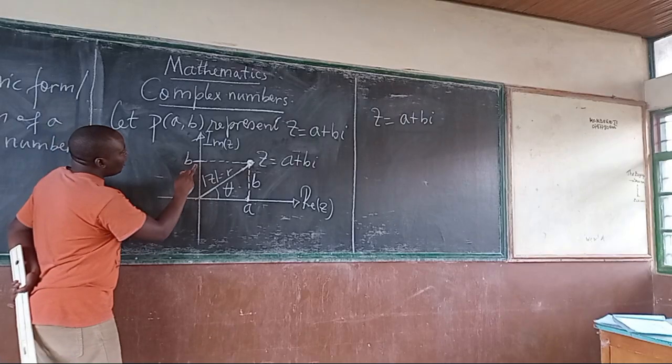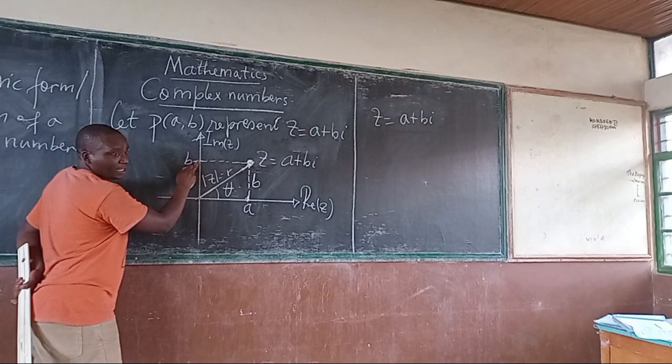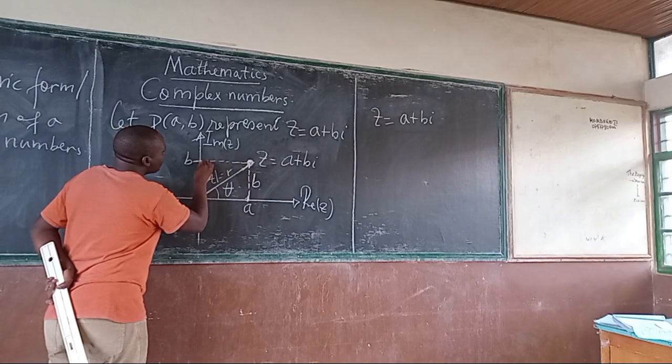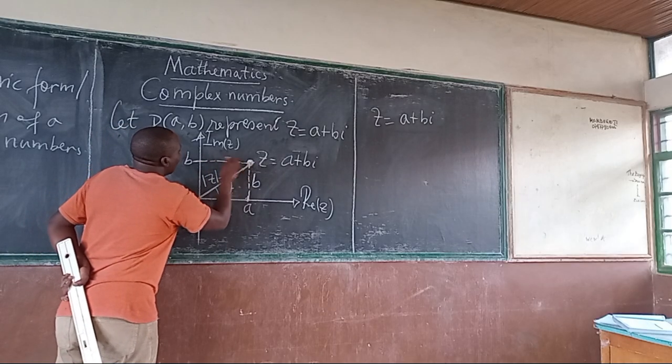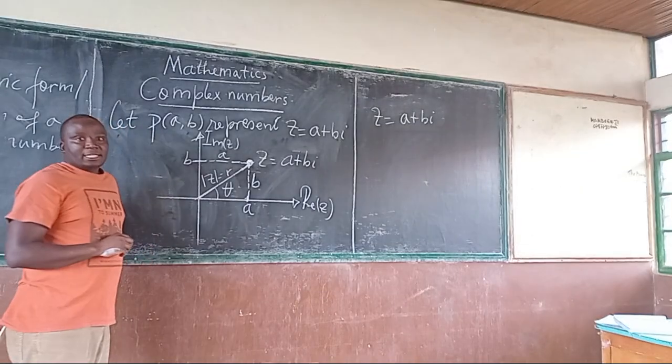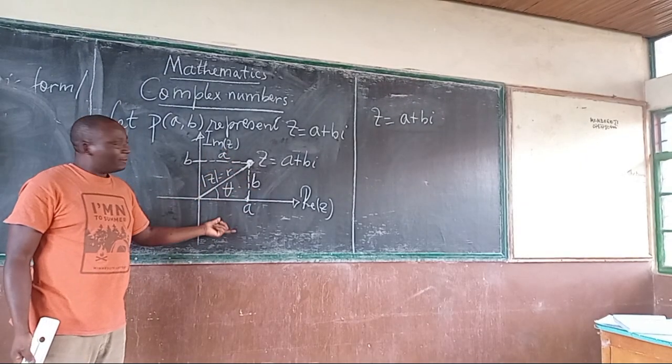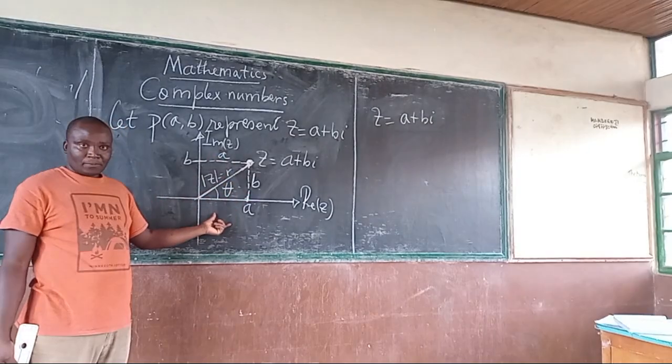The distance from the imaginary part B until it reaches our complex number Z, this distance is like A. Teachers, I see everything here is very clear for everyone.